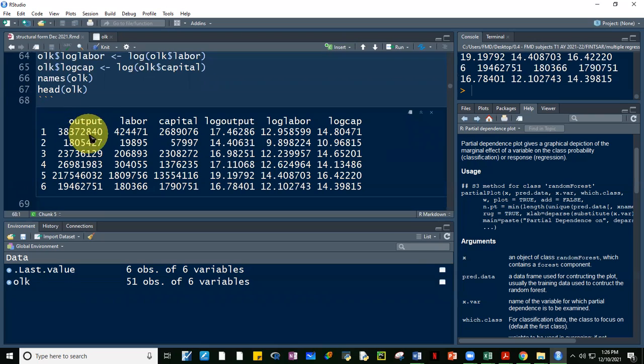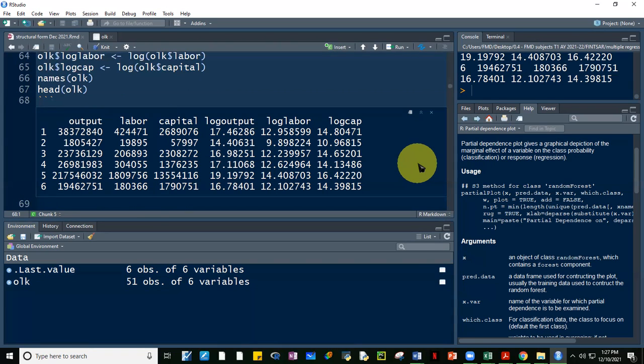But notice, when you get the actual values niya, 38 million, ito 424,000, medyo malaking difference, no? Ito 2.6 million. However, when we get the log of the values, guys, tingnan nyo, nasa scale siya, di ba? Malalapit na sila, and it's easier to work with data in log compared to the absolute values niya.